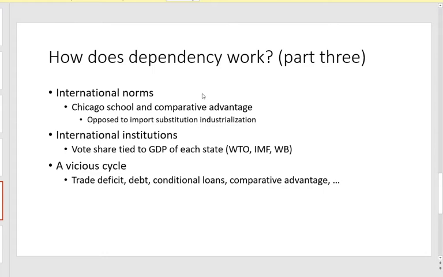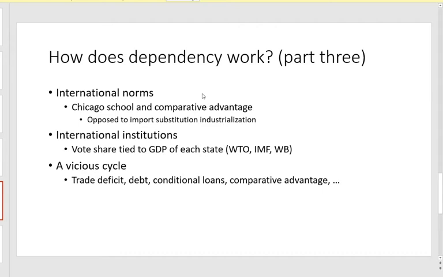You are putting some of these weaker states, the global south, in a position where they're constantly being undermined, where they're constantly being held at a disadvantage, and the institutions they go to are dominated by powerful states. Now, one of the things about powerful states that is very frustrating for dependency theorists is vote share. So your percentage, the amount of votes you get in the IMF and the World Bank is not 1-to-1.